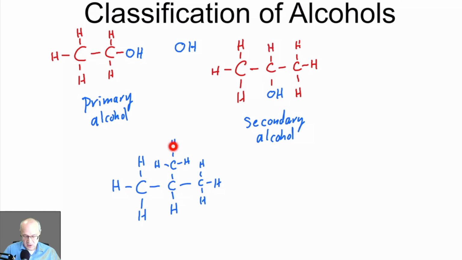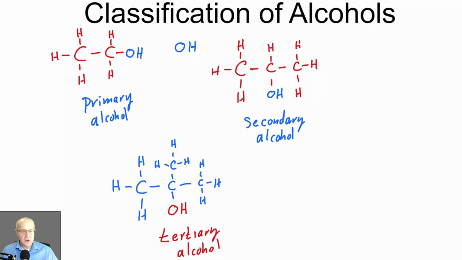So if I were to put an OH here, here, or here, that would be a primary alcohol again. If I put it here, however, that's tertiary. So let's rub out that hydrogen and put the OH there. That is a tertiary alcohol, because the OH is on the tertiary carbon.